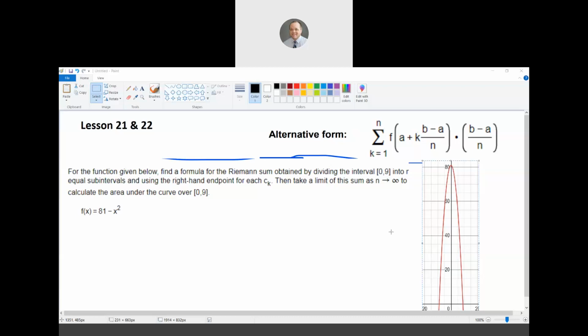Then take a limit of this sum as n approaches infinity to calculate the area under the curve over the closed interval 0 to 9. Okay, A and B represent our endpoints, our interval, excuse me.